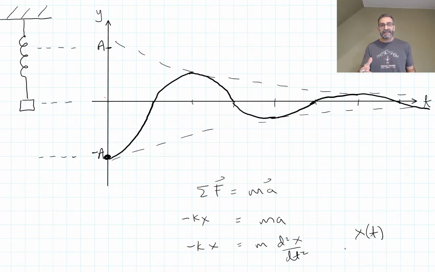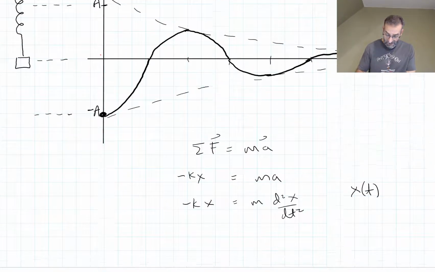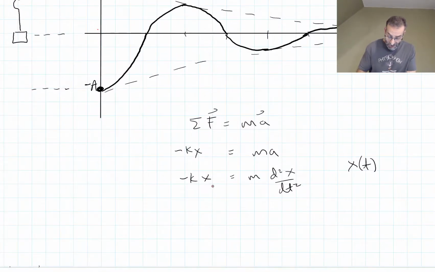The displacement from equilibrium. If we have a damping force, some resistance with the fluid that our mass is moving through, and our mass isn't moving too fast, we can approximate that as a force that's proportional to the velocity. So I have to add a term here that accounts for that.